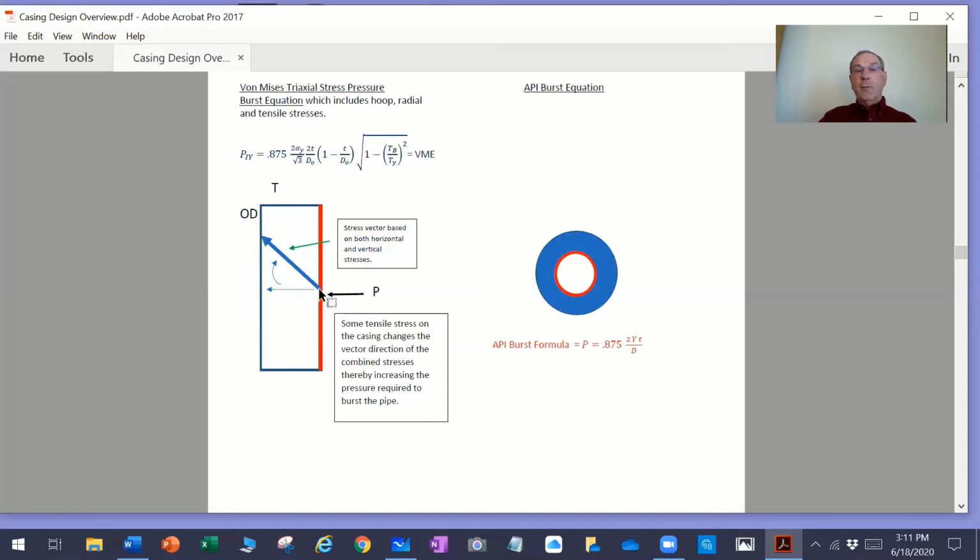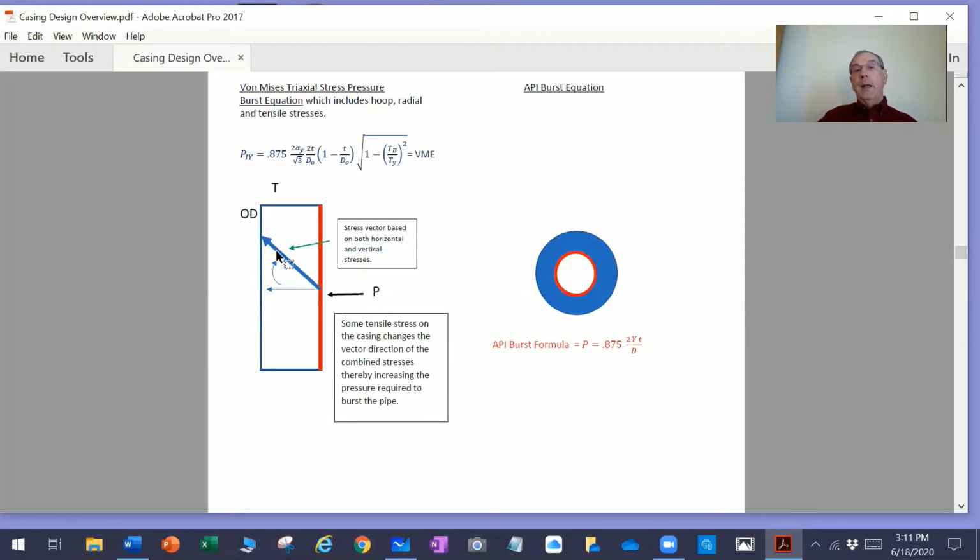This distance from the ID to the OD, if there's no tension in the pipe, is a shorter distance than the distance between here. If I've got some tension and you rotate this stress vector to an angle, it takes greater stress to get the stress to the outside of the pipe in order to rupture it. So that's kind of a visual way to think about that.